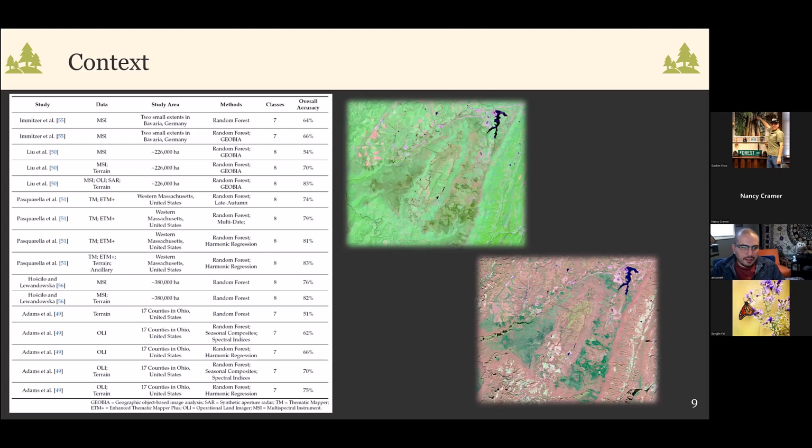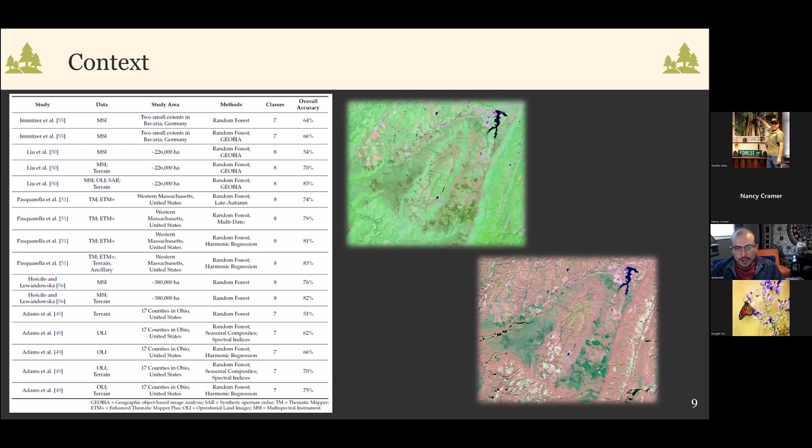The other factors that tend to make a big difference here are the number of classes that you're trying to differentiate, and also the classes themselves. Sometimes you'll have a few classes that you want to differentiate, but they're just not that spectrally different, or maybe even occur in similar topographic positions.